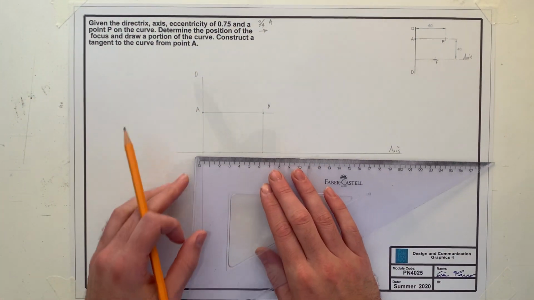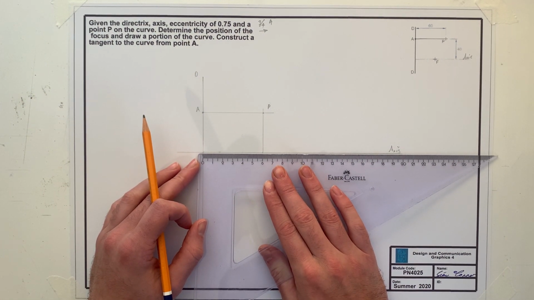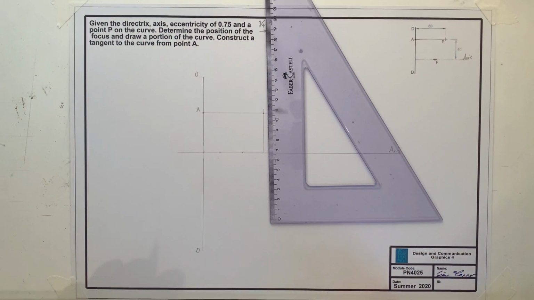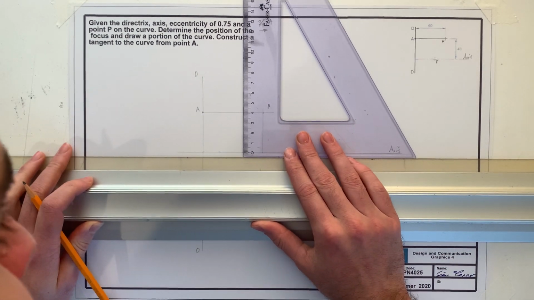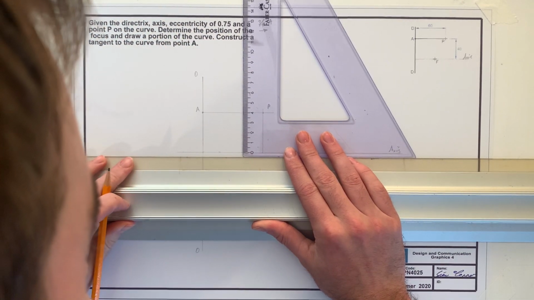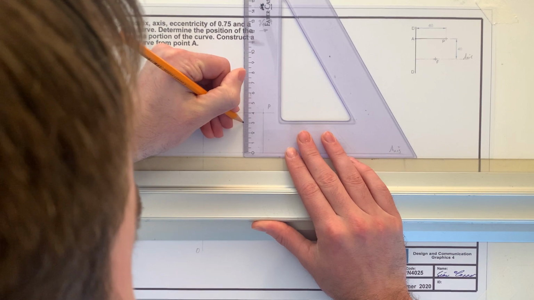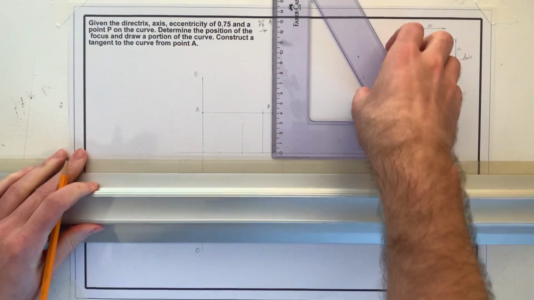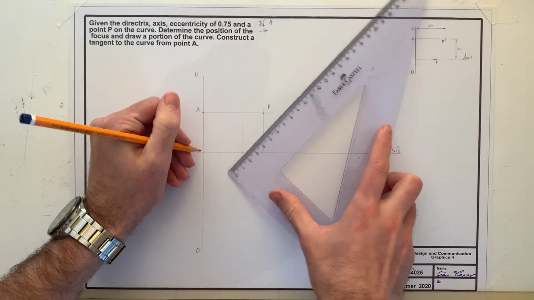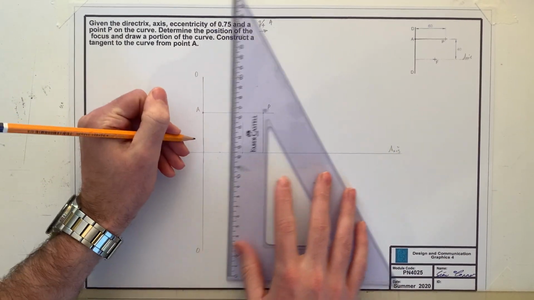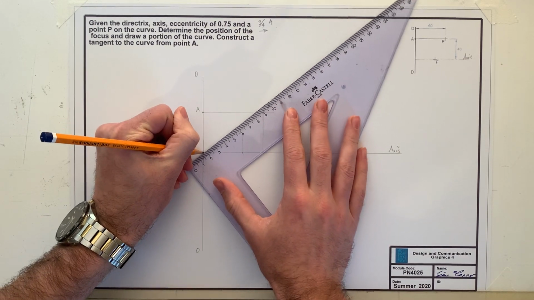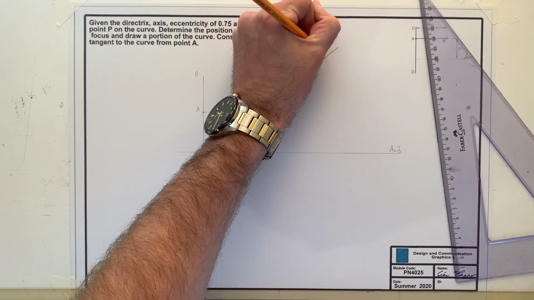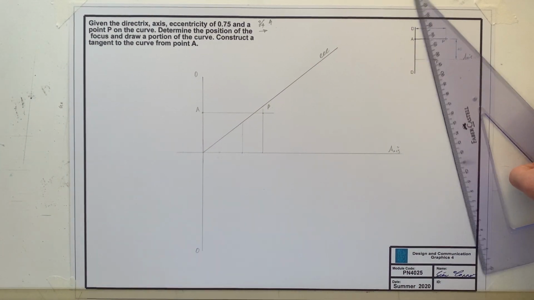So I'm going to go for 4 across, like so, and then we're going to be going 3 up, like so. Now I'm going to extend a line from where the directrix here passes through the axis, through that point, and call that my ECC line, short for eccentricity.